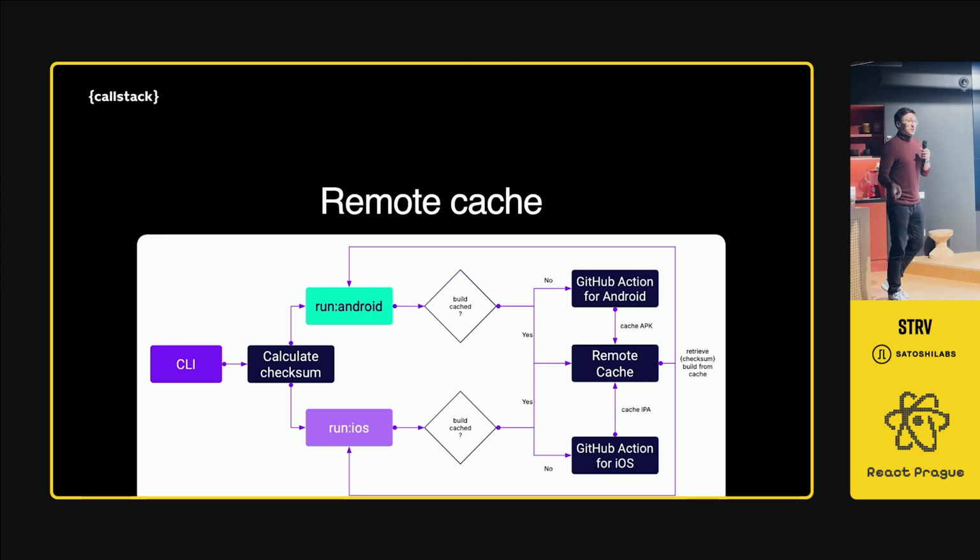So on a high level, it's working like this. You open the CLI. We're checking the checksums during running Android or running iOS. We're checking whether there is a build cache. If there is, then we fetch it from the remote cache. If it's not, we build it on, for example, a CI action, and then store it in that cache so it's later available for our CLI and for other builds.